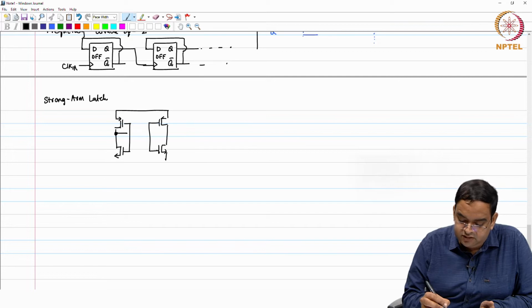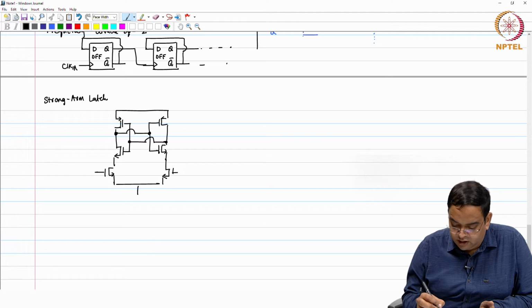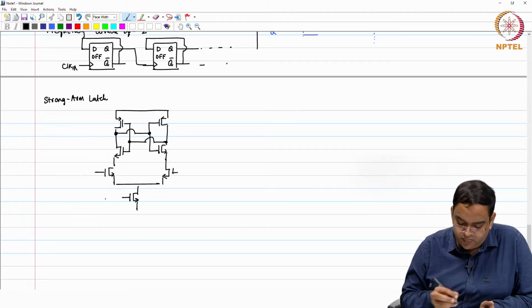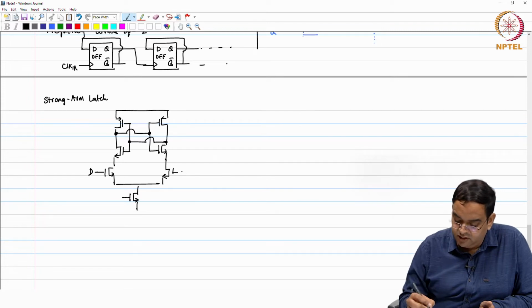Okay. This connects here and this one connects here. You have an input pair and a clock. Okay. So, if I am going to give D here, there is an inverter here, I give here D bar. It is like a differential input.